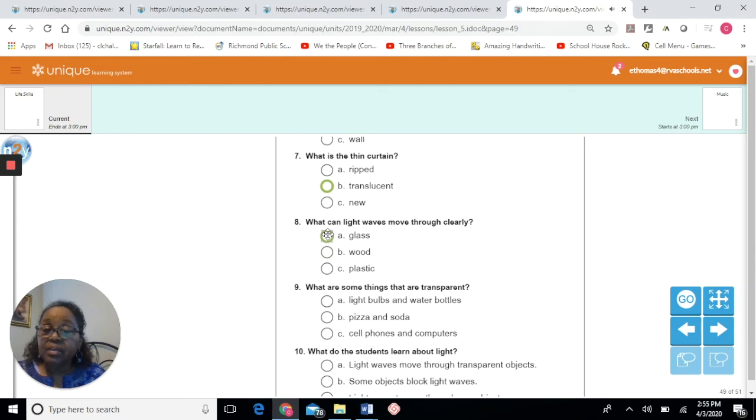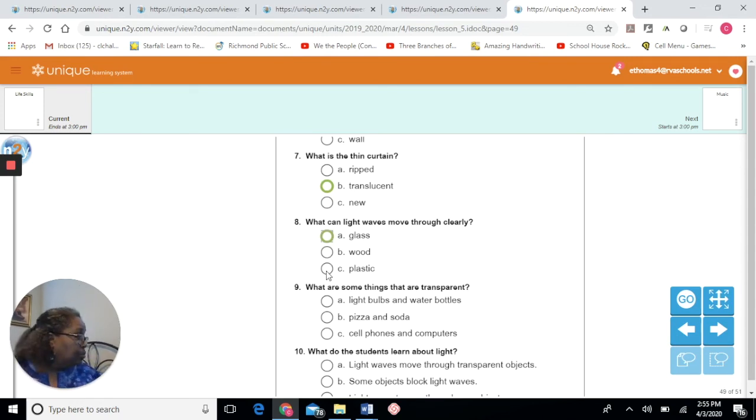Excellent. Wood, if I picked up a piece of wood, it would probably look something like this, maybe in brown. Would you be able to see through it? No. So, would light waves move through wood clearly? I don't think so. What about plastic?